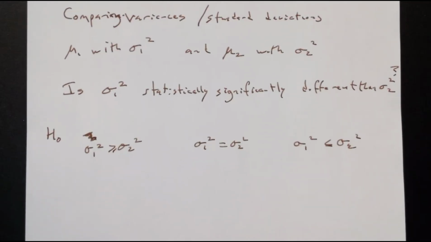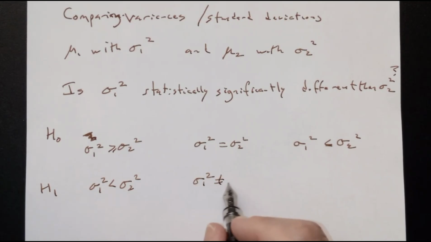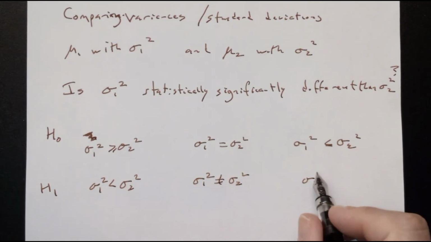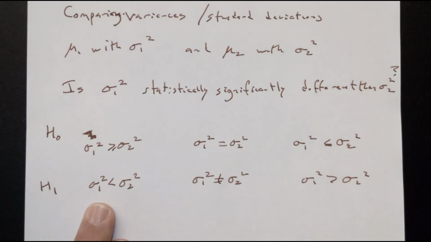And if those three are my options for the null hypothesis, then my alternate hypothesis is going to be the opposite, the completely exhausting, mutually exclusive option. So again, look at the alternate hypothesis. In this one, I'm saying that we are to the left. Sigma 1 is smaller than sigma 2. This is a left tail. Here I just want different. This is two tail. Here I want it to be bigger. This is a right tail.